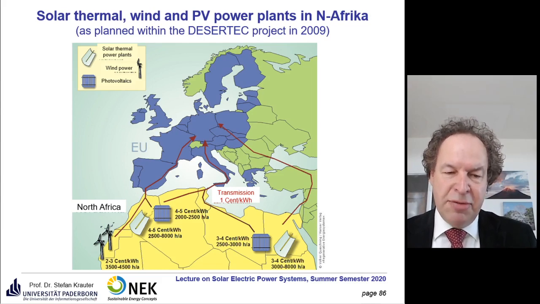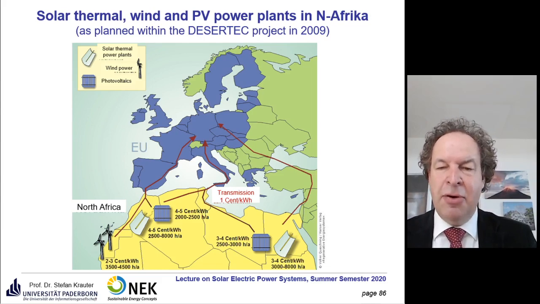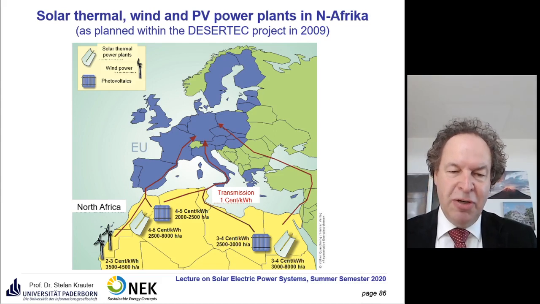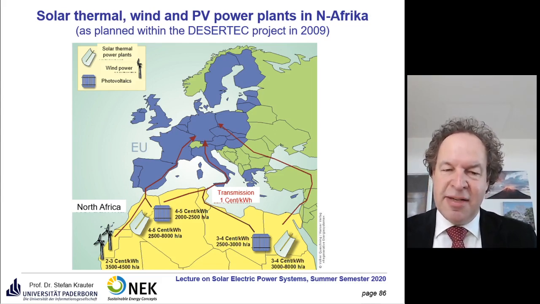At this time, cost was estimated at 4 to 5 cents per kilowatt hour, but this is a cost you can achieve with photovoltaics now even in Germany with low irradiance levels. And for a high irradiance desert, you are in the vicinity of 1 to 2 cents per kilowatt hour. So the project got a bit stuck. Anyway, it's quite a good idea, but at the moment Morocco has built such a big system with 500 megawatt, but it basically uses the energy on its own.